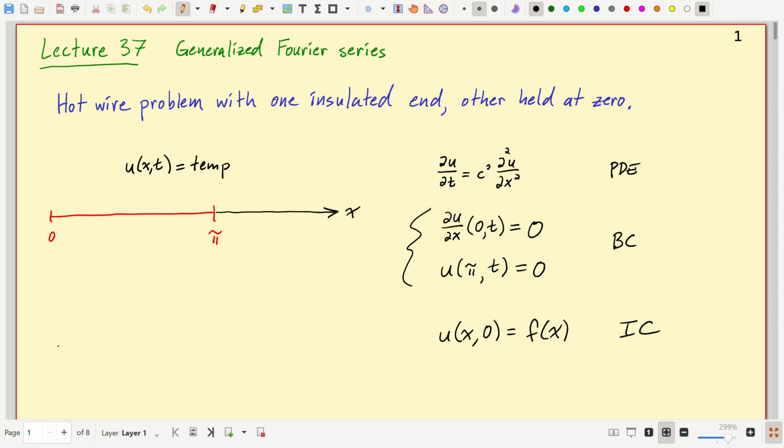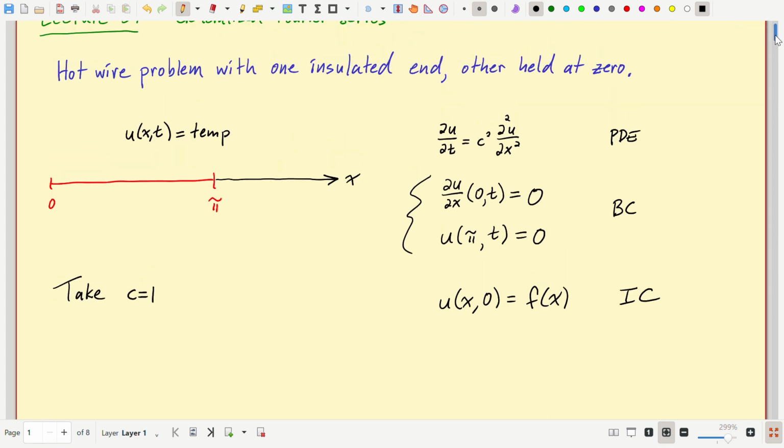Okay, so we're going to do the usual thing. I'm going to take c equal 1 just to make my writing easier. And so we do the usual routine and take a solution here, u of x,t is X of x times T of t.